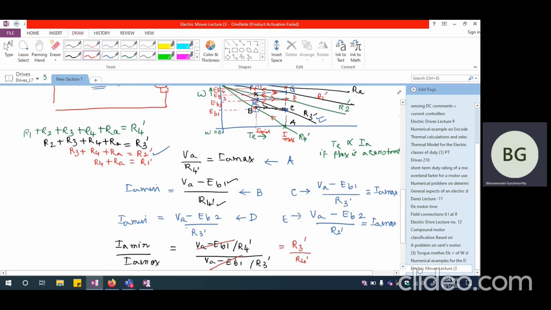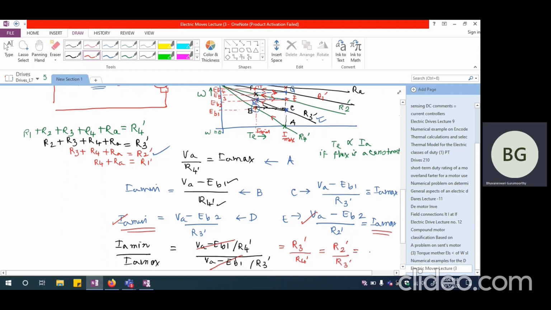The same way, when I consider this expression, VA minus EB2 by R3 dash and VA minus EB2 by R2 dash, both of them correspond to IA minimum and IA maximum respectively. So this will also be equal to R2 dash divided by R3 dash.